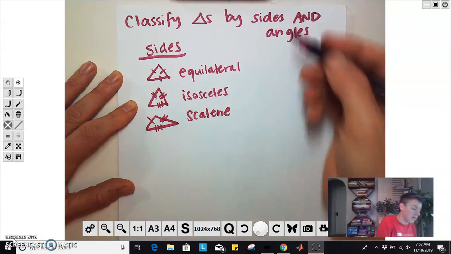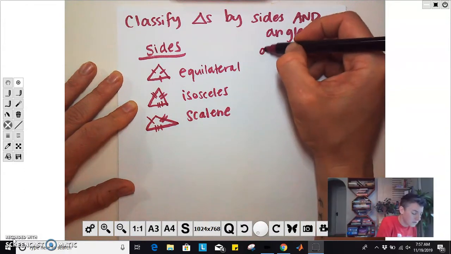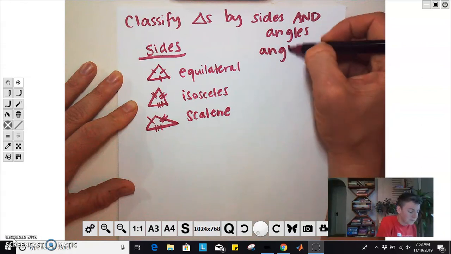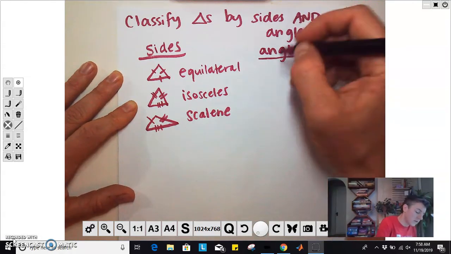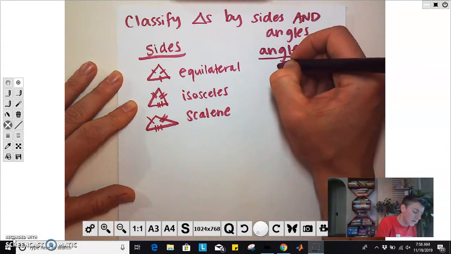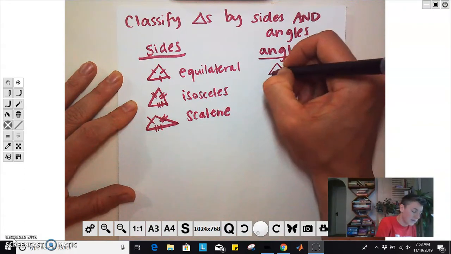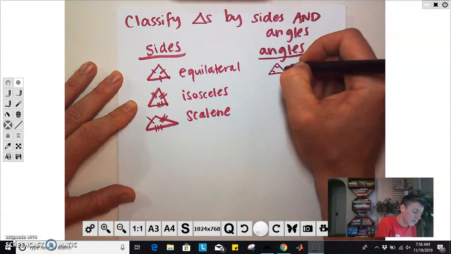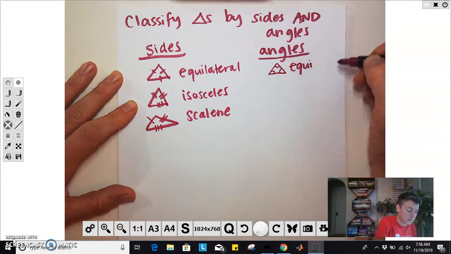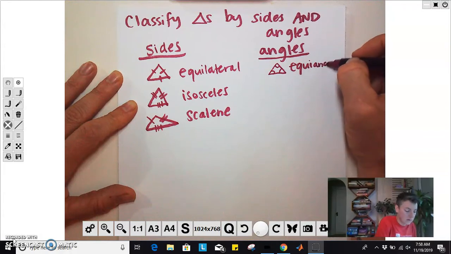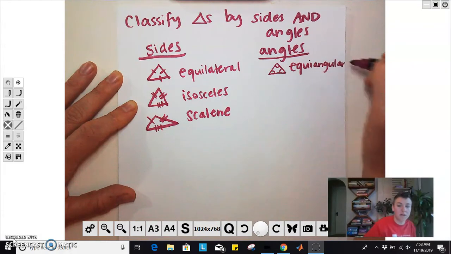Now if we think about classifications by angles, we could have all of the angles be exactly the same. That's called equiangular. Awesome.